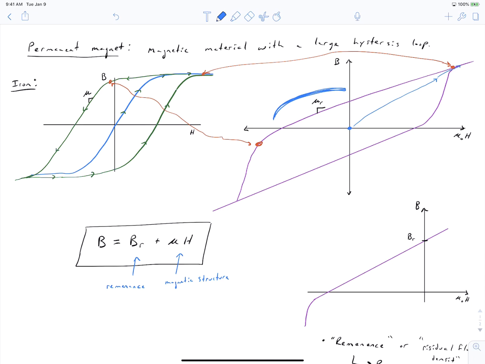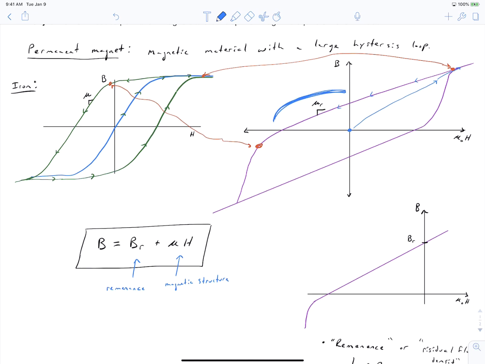And then when you turn off that magnetic field, the magnetization state falls along this line here, the top purple line. And so that's called a magnetizing fixture. It's part of the manufacturing process for permanent magnet motors, is that you first make your magnets and then you put them in the magnetizer and you blast them with this immensely strong field.